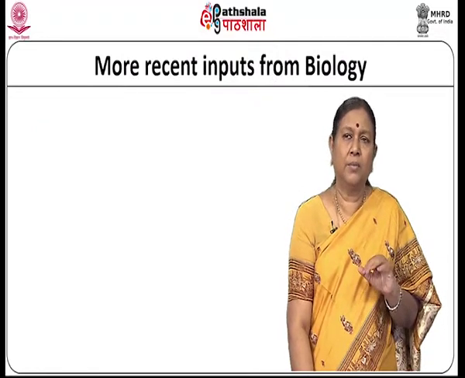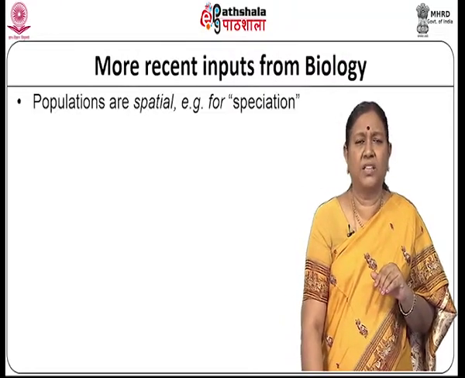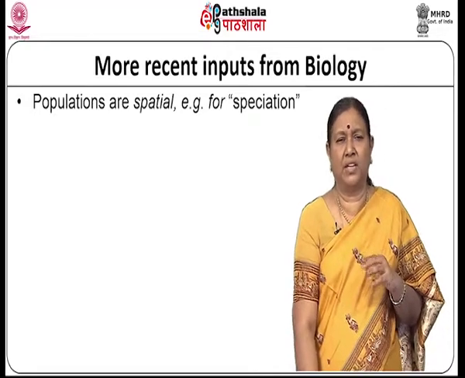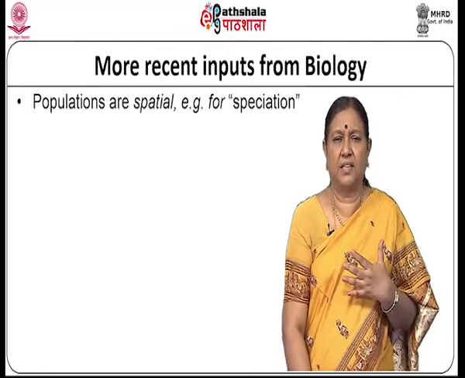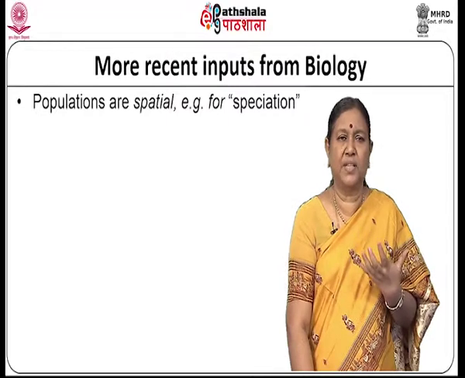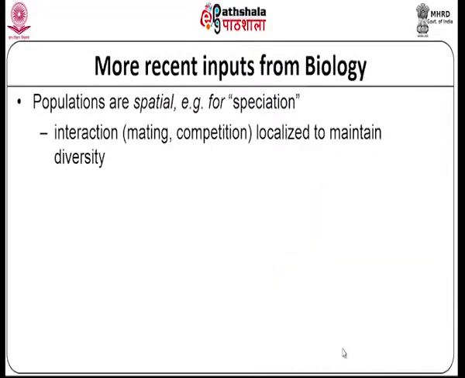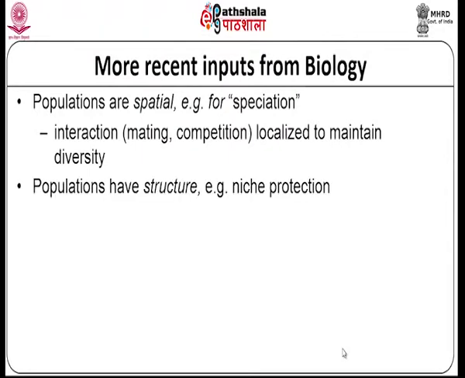So, what are the most recent inputs from biology? Populations are spatial, for example in specialization and speciation. So, they are spatial. Can you use that information? Interaction, mating and competition are localized to maintain diversity. We are talking about the biological aspect here: the mating and the competition are more among local individuals, and populations have structure, that is, there is niche protection.